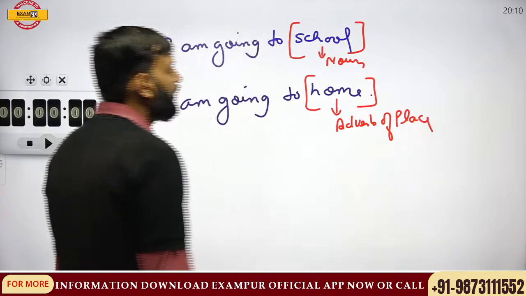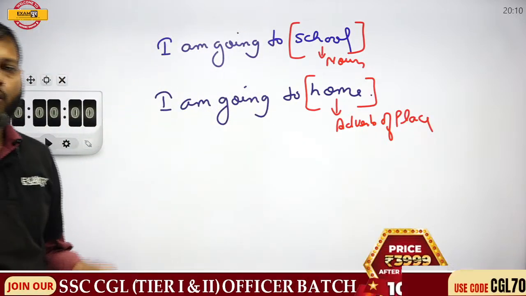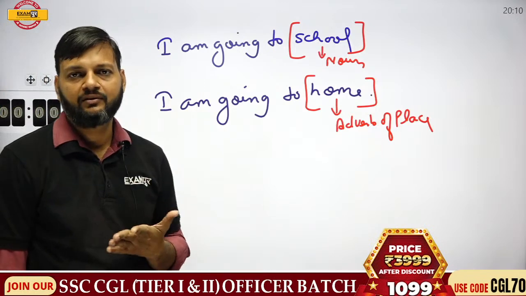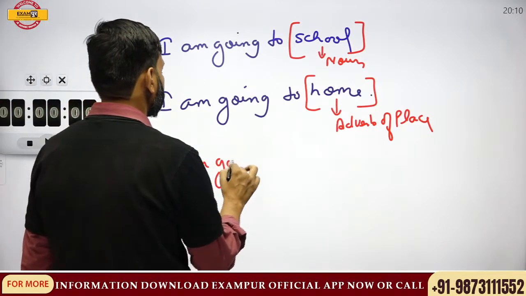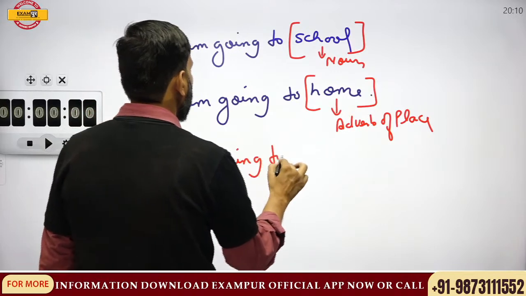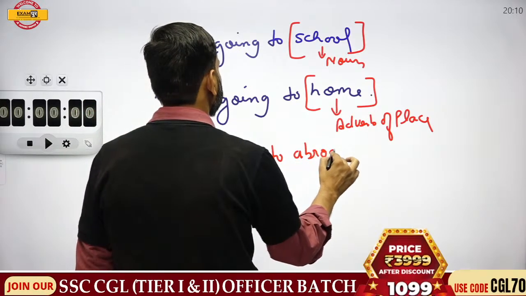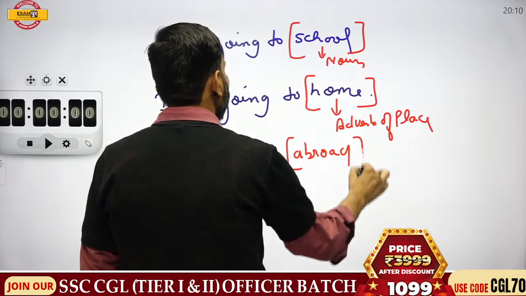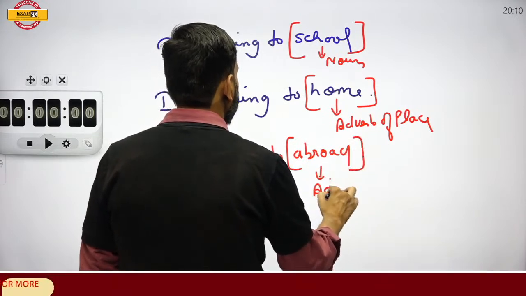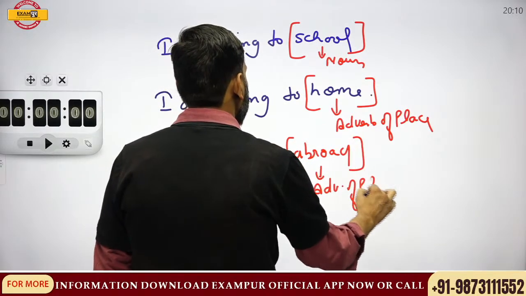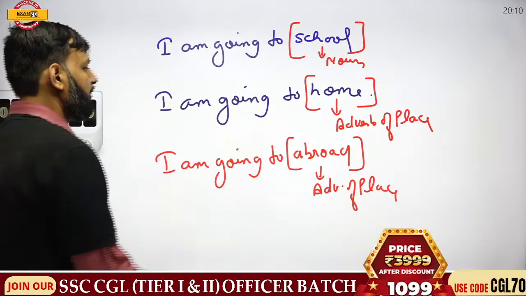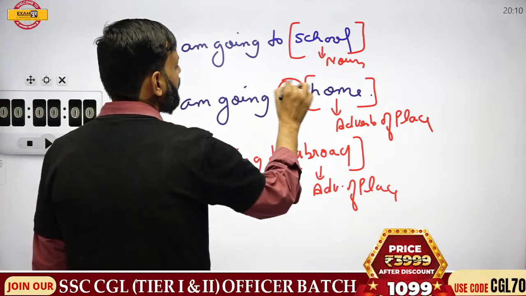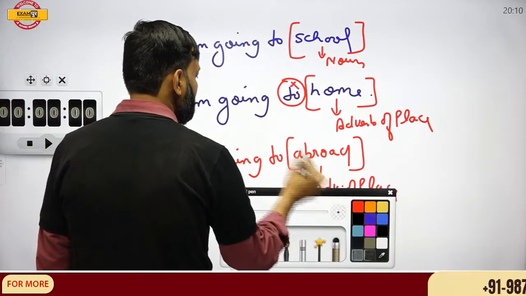The same way, I am going to abroad. Here abroad is also an adverb of place, and as I said, adverbs are never preceded by a preposition. So here the use of to is wrong, and in this sentence the use of to is wrong.